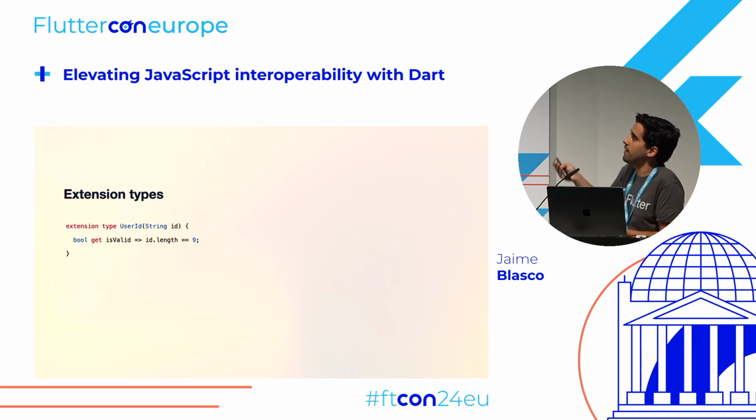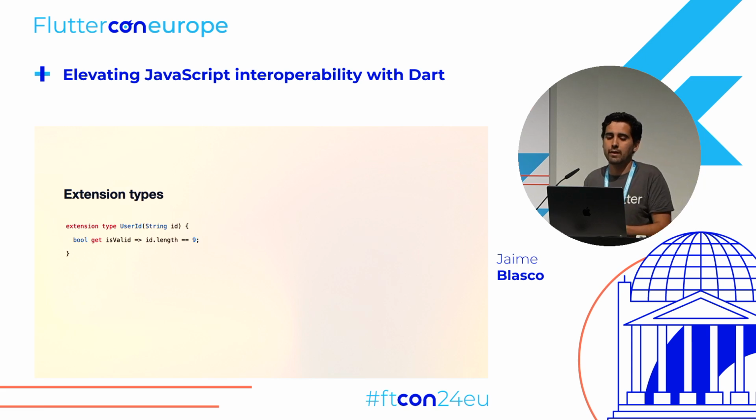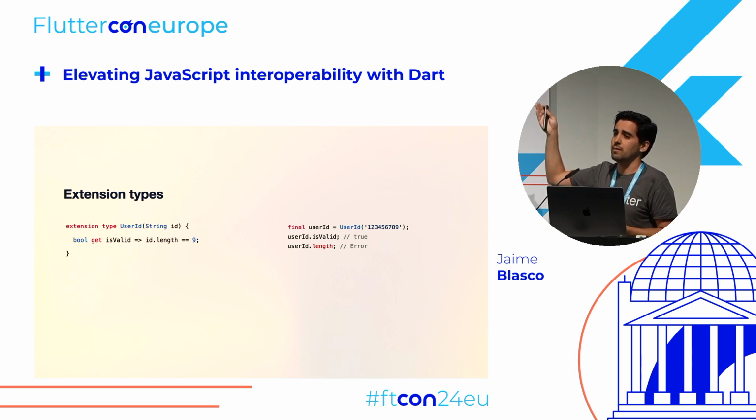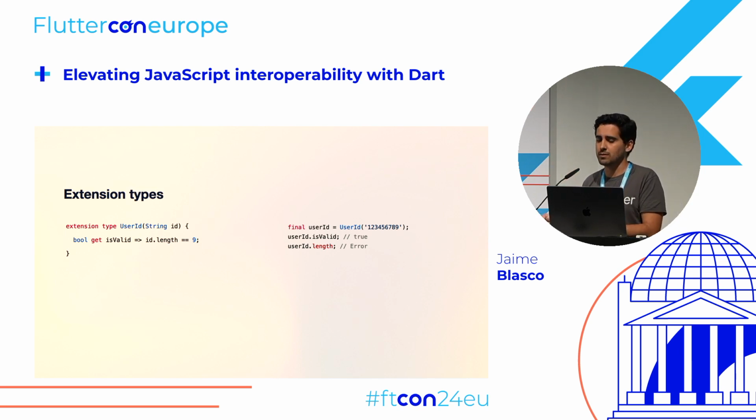In this case, the developer can only check that the user ID is valid if the length equals 9. So when you are using this in your app, you can create the new type there and then check if it's valid or not, but you couldn't access anything that is a string. Even though at runtime this variable will be a string, it looks a lot like a wrapper class, but the benefit is that you don't have to pay the cost of creating a new instance object every time you want to create this wrapper.